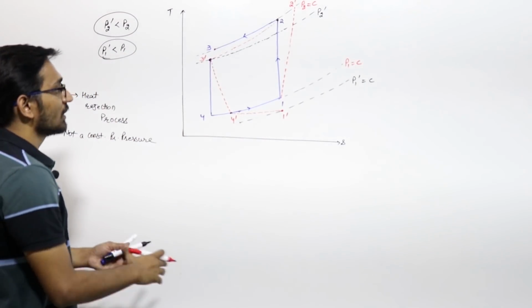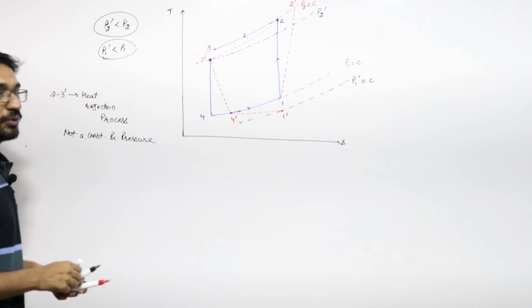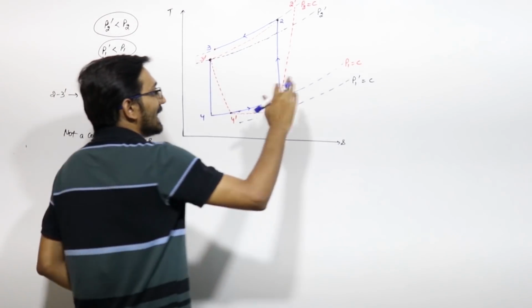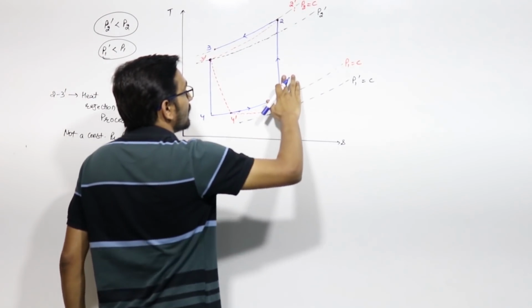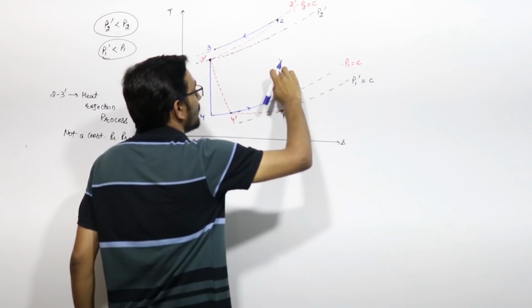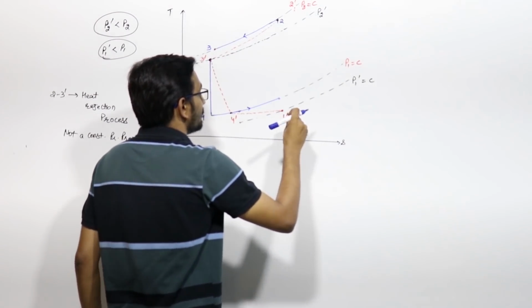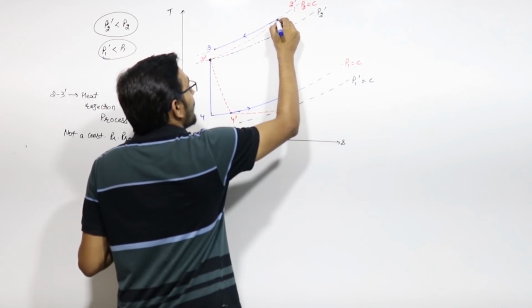Now if you take the initial point for both of them as the same, just because we want it to be more clear, if I take this as the same, it will be this one.